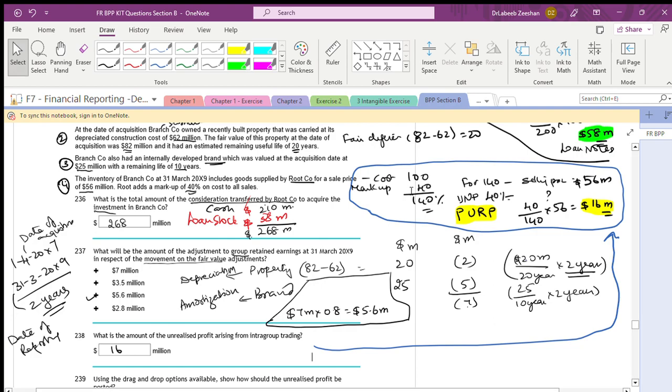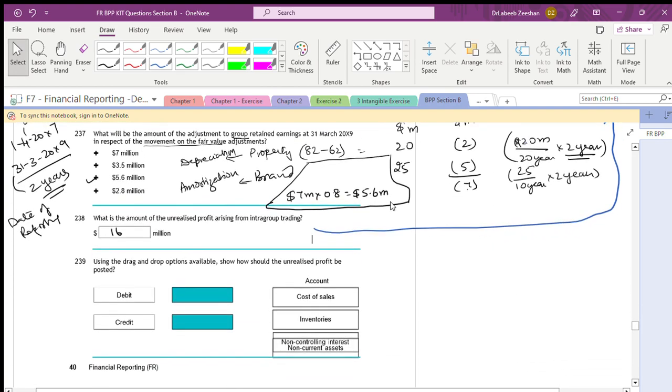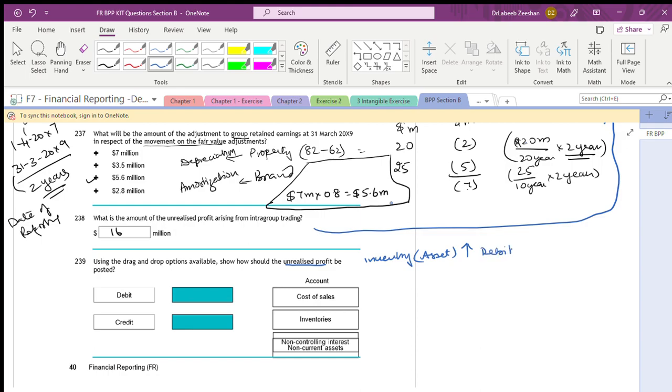Fine. Next, what is the adjustment? See how the unrealized profit will happen. Inventory is an asset, is it right? To increase the inventory, we have to make a debit. To decrease the inventory, we have to make a credit. Now, what happened because of that? They have not sold it.